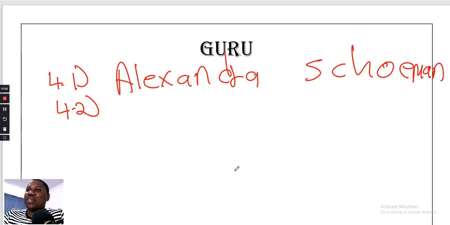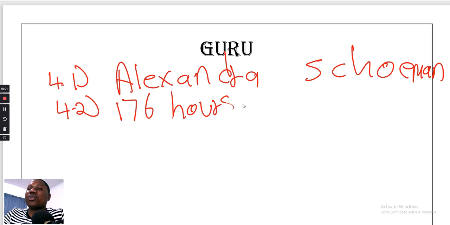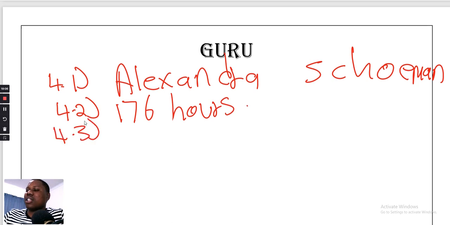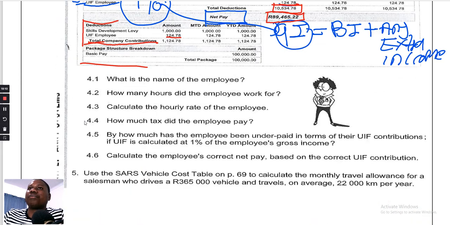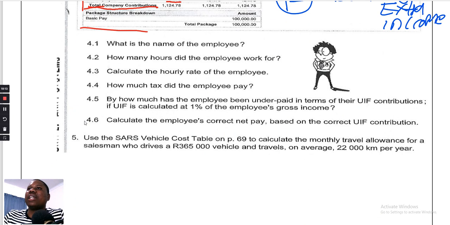Because you have read the information, now everything becomes simple for you to answer, because you have understood the document you are presented with. Okay, 4.3, they say calculate the hourly rate of the employee.